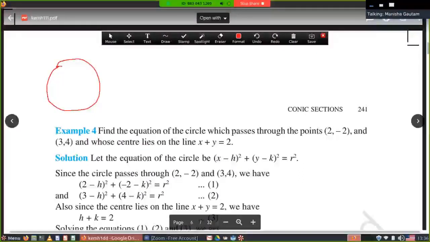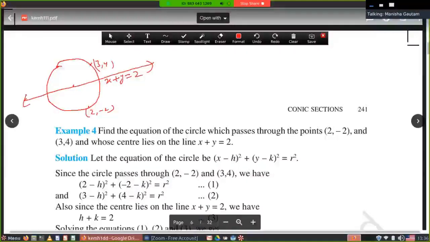It passes through (2, -2) and (3, 4), and whose center lies on a line. Suppose this is the center and this is the line. The center is lying on the line x + y = 2. Now you have to find the equation of the circle.